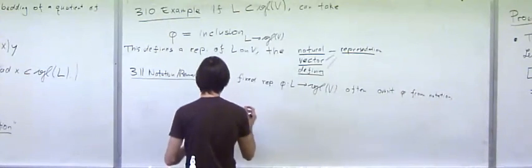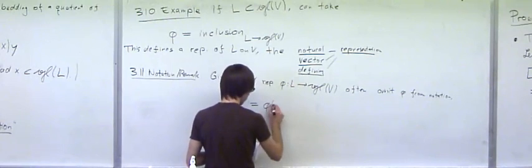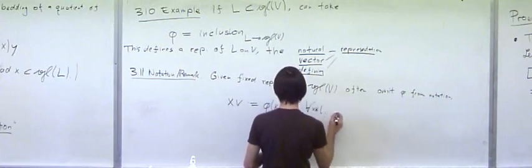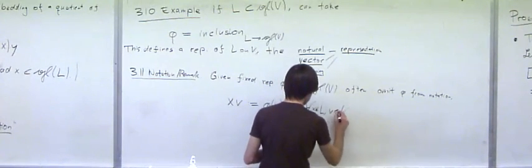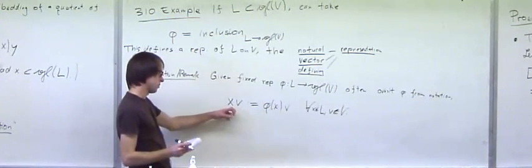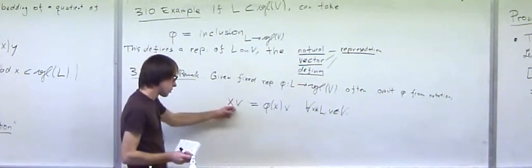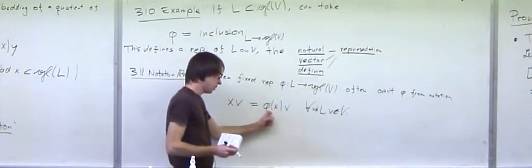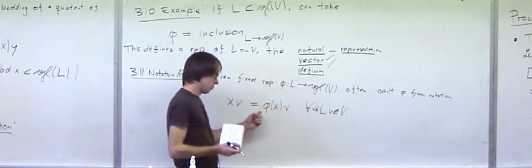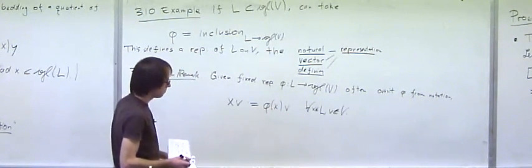So we define x v to be phi(x) v for all x in L and v in V. So just use the multiplication notation, an element of the Lie algebra times a vector. And what I mean by this is, take the image of x under this map phi. So this is a matrix, an operator on the vector space V, and then apply this operator to v. But we omit the phi.